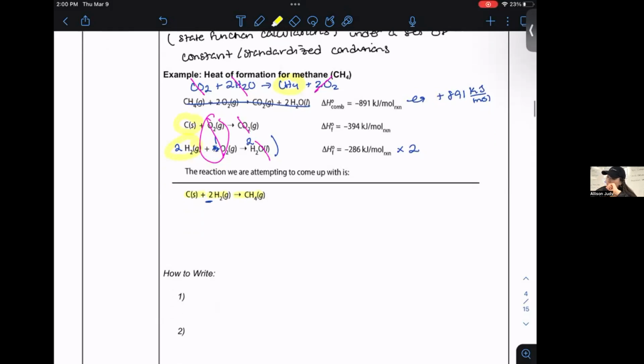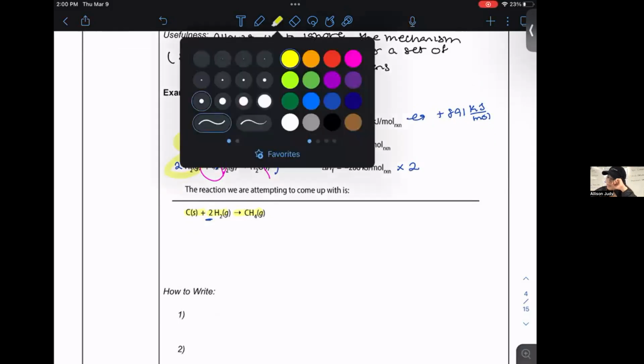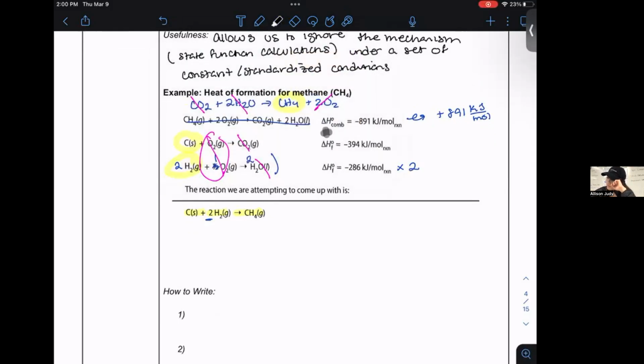So what would I say is the heat or enthalpy of the system to make this reaction occur per mole? I would total up a value of positive 891 plus negative 394 plus 2 times negative 286.